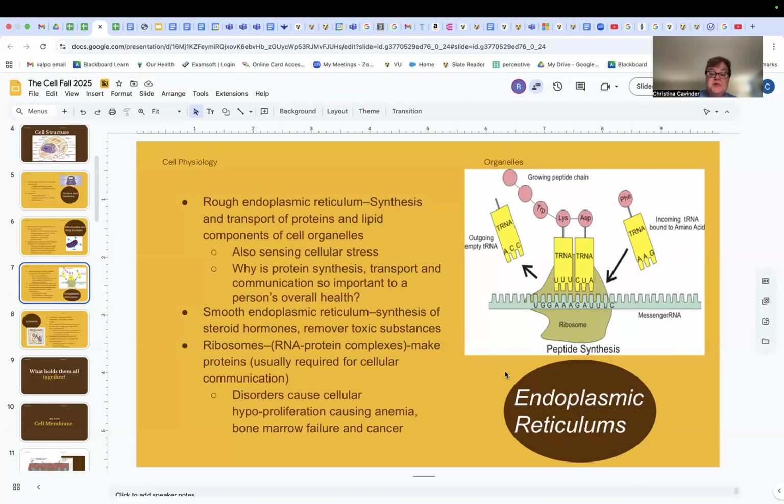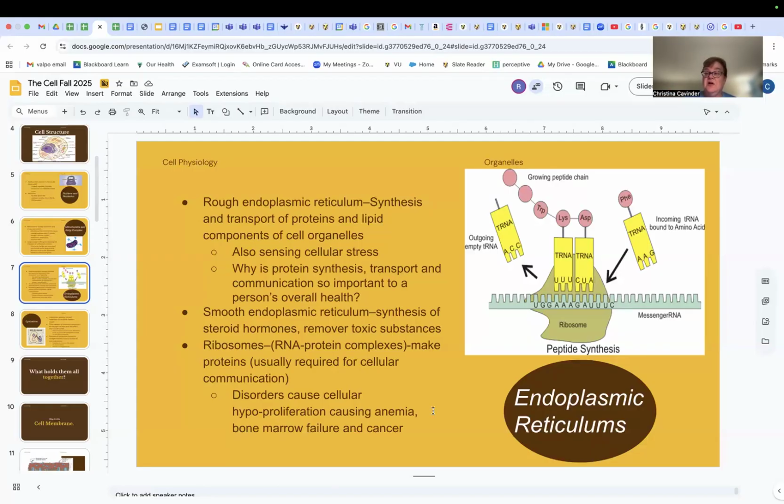Disorders of the ribosomes can cause cellular hypoproliferation, which means the cells or that protein are not being made. And that can cause different disorders like anemia. You're not making the hemoglobin, that protein hemoglobin for the red blood cells. Or you have bone marrow failure or even cancer.